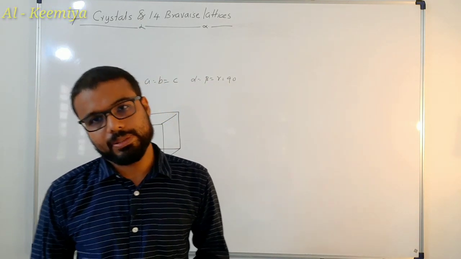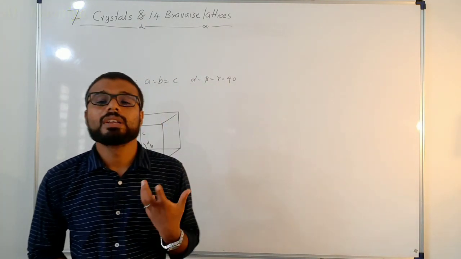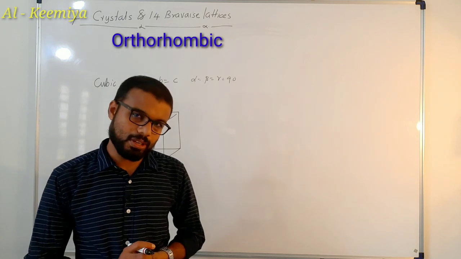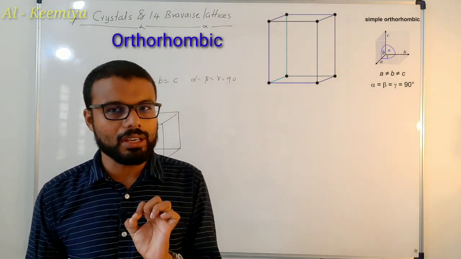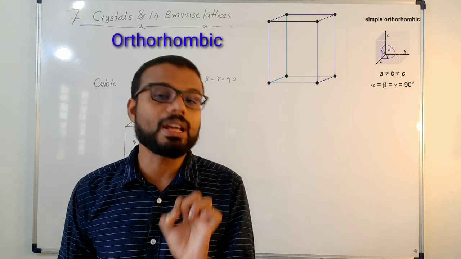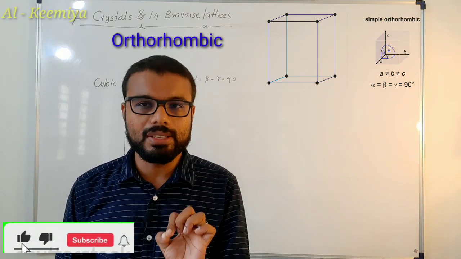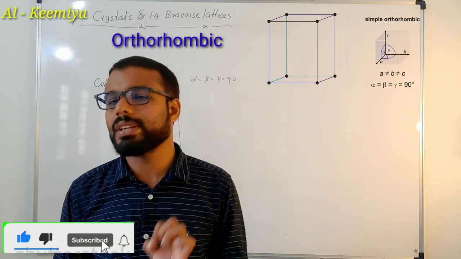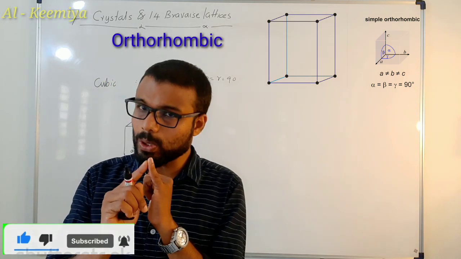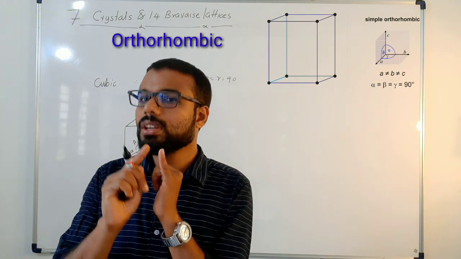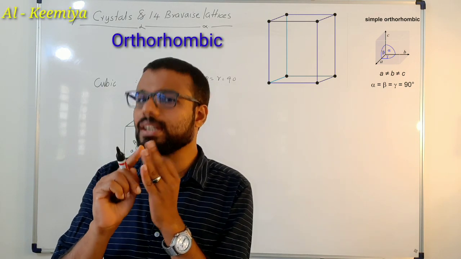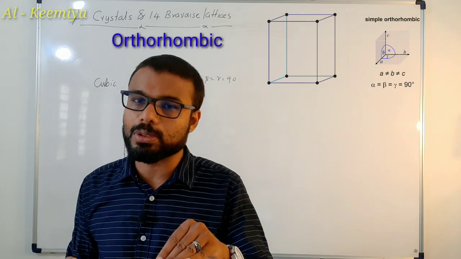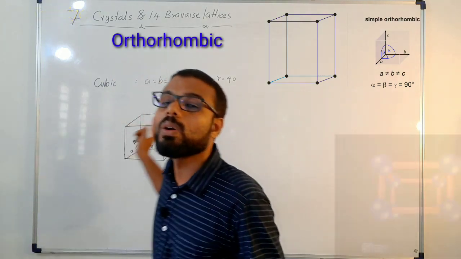Now the third type, orthorhombic. In orthorhombic, A is not equal to B is not equal to C, but alpha is equal to beta is equal to gamma is equal to 90. Here in orthorhombic we can get simple or primitive, body centered, face centered, end centered. All the 4 types of unit cells are present in orthorhombic crystal.